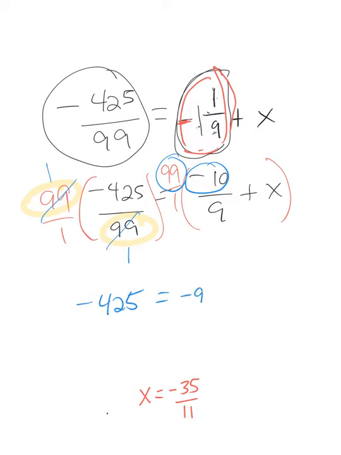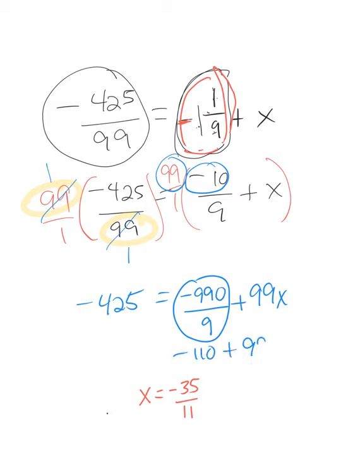Negative 990. What is 9 times 1? 9. What is 99 times x? 99x. Okay, who can reduce this? Negative 990 divided by 9. I got negative 110.